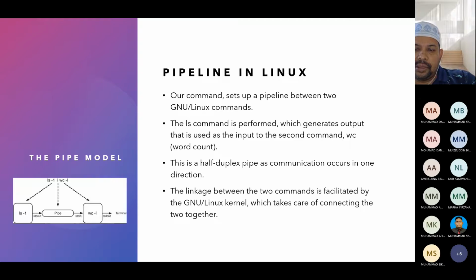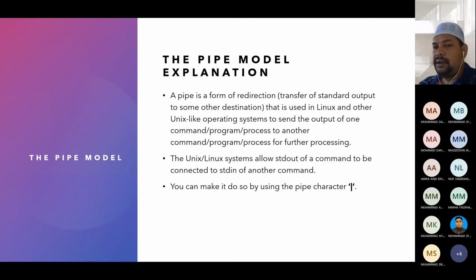That is wc tadi, word count. Part ni adalah half duplex. Okay, so half duplex communication. So okay in one direction. The linkage between the two commands is facilitated by the GNU Linux kernel, which takes care of connecting the two together.